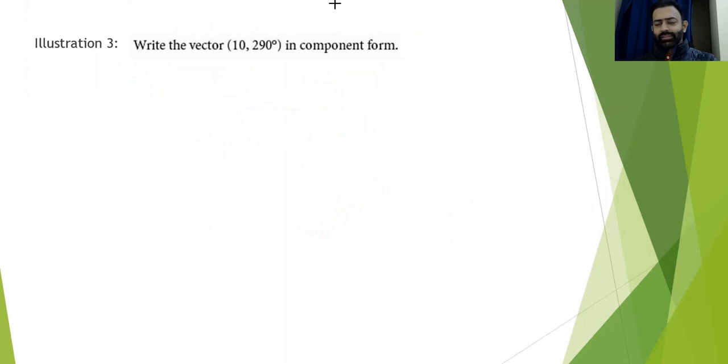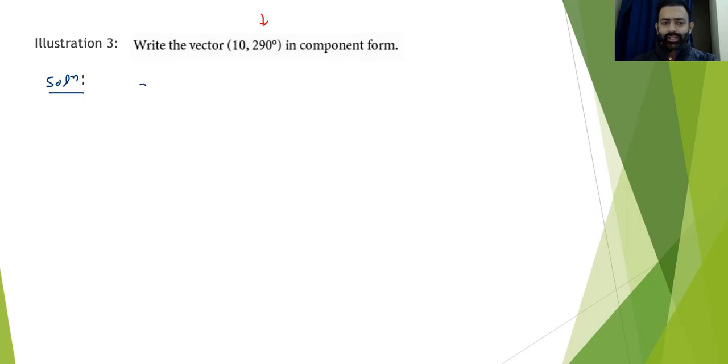Okay, let us take another example to clarify this point. Again, it is like the same question, but here, as you can see, theta is not 60 degrees, it is much greater than 60. Okay, so let us quickly solve this. Again, we have to find the values of x and y.